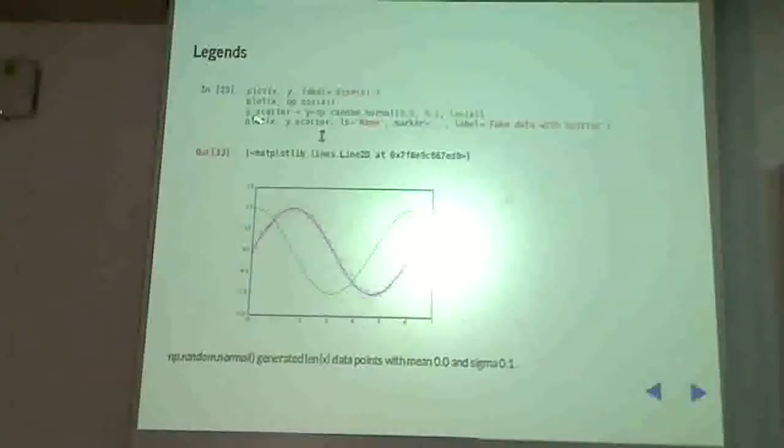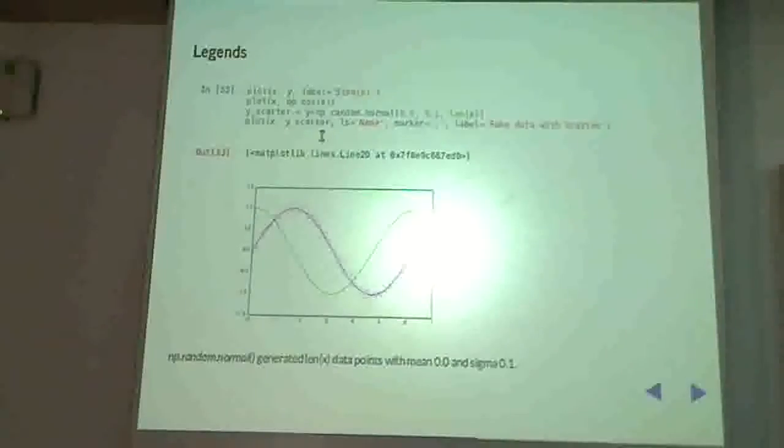Then I add a scatter. How do I add a scatter? I take the value of y that I have, which is just sin x, y is of course sin of x, and I add a random fluctuation about that value, which is drawn from a normal or a Gaussian distribution with a mean of 0, a standard deviation of 0.1, and length equal to the number of values in x.